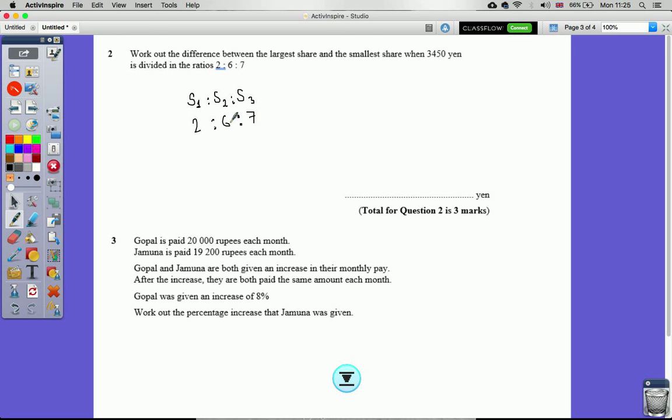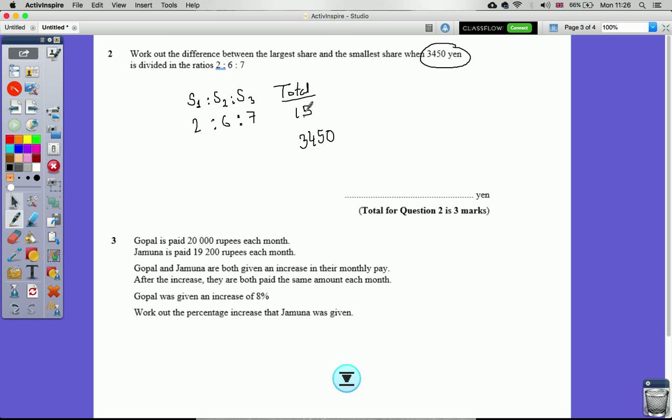So if I add all of them, the total is going to be 15. Now the amount that we are dividing is 3,450 yen. So I'm going to write the 3,450 underneath the 15 because that's the total amount.